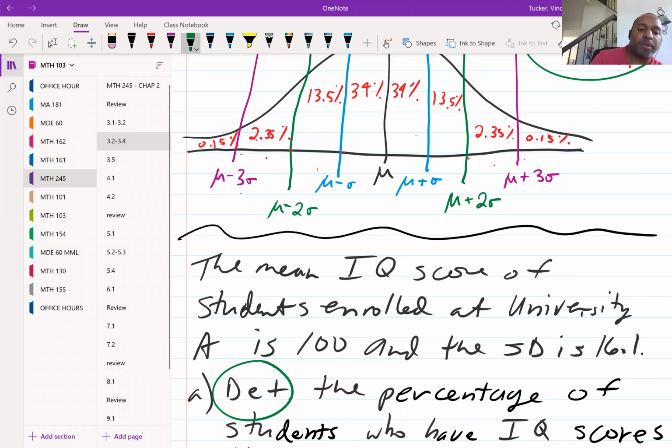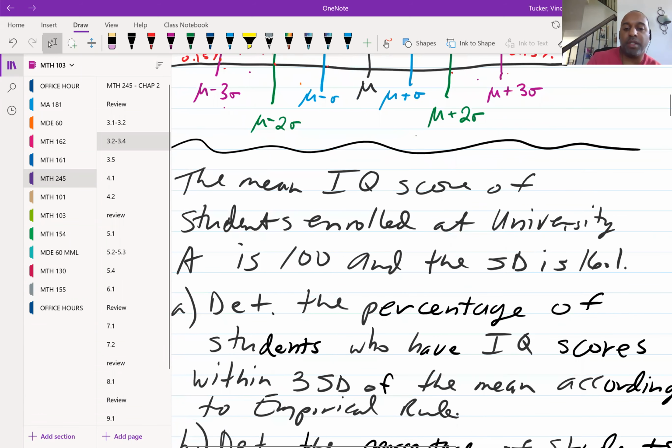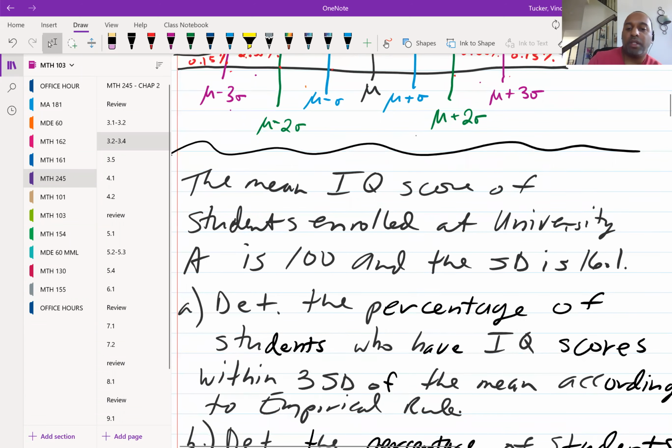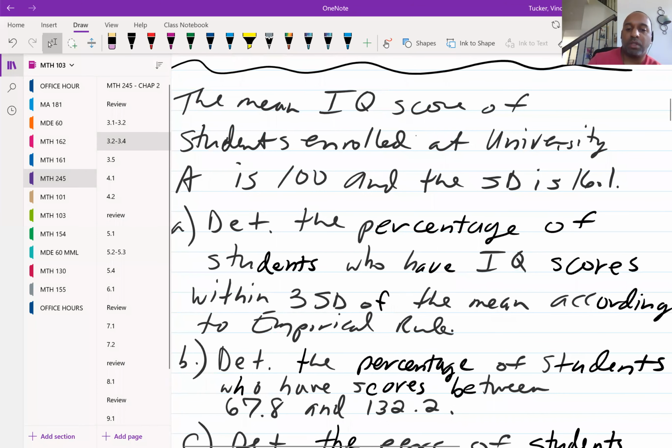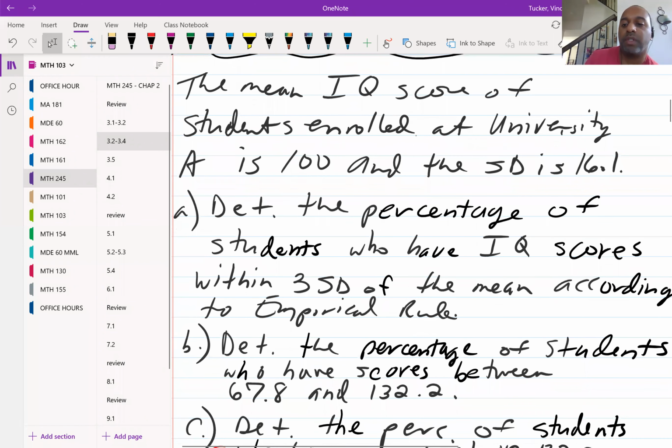DET for me is determine. So determine the percentage of students who have IQ scores within 3 standard deviations of the mean according to the empirical rule. Determine the percentage of students who have scores between 67.8 and 132.2. We have one more. I'll give you guys a chance to write this down.